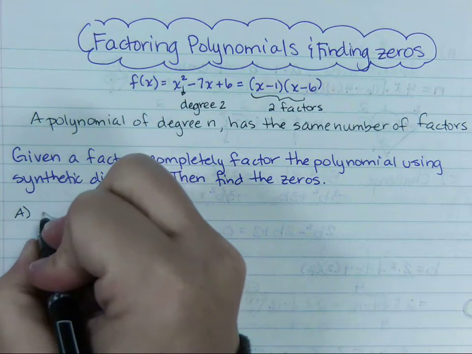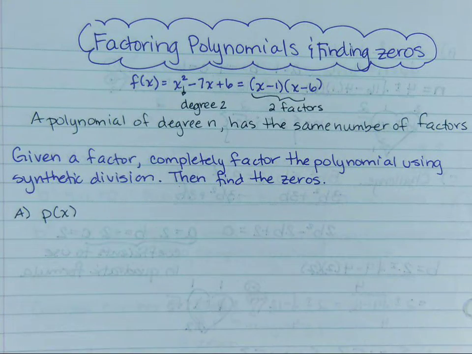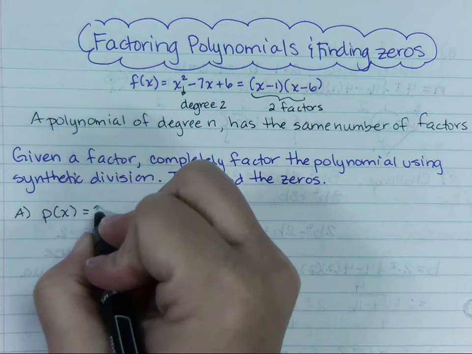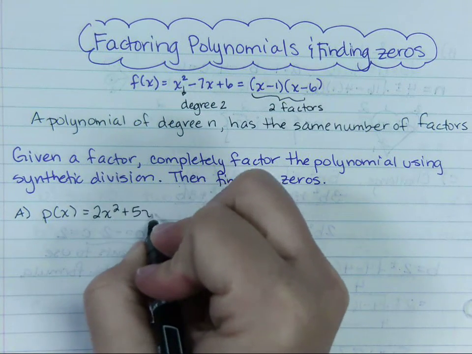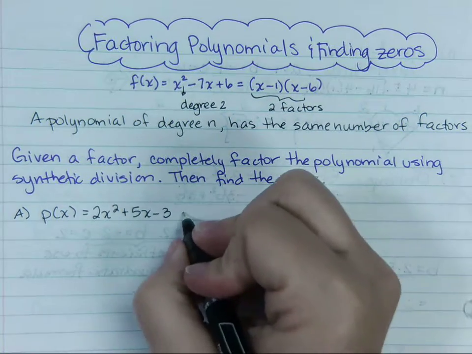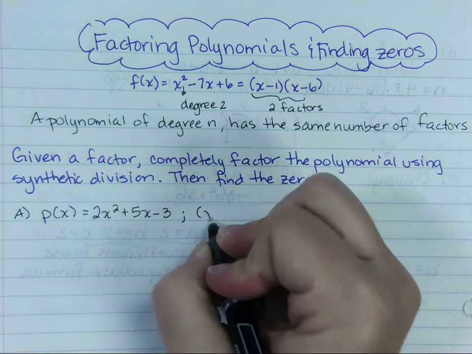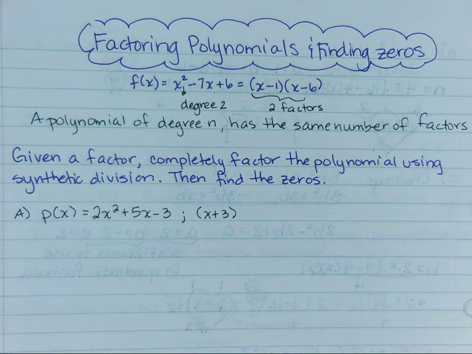So we're going to call this polynomial p of x. And we can call it whatever we want. So this one's called p, and this is equal to 2x squared plus 5x minus 3. And I want to be given information that x plus 3 is already one of my factors.